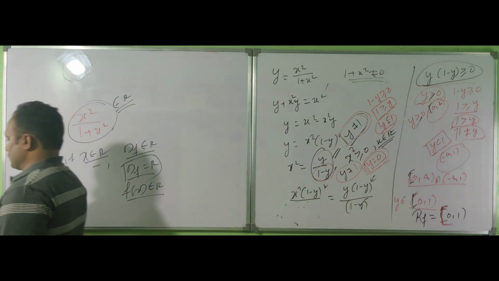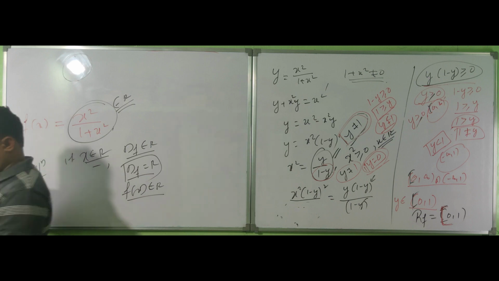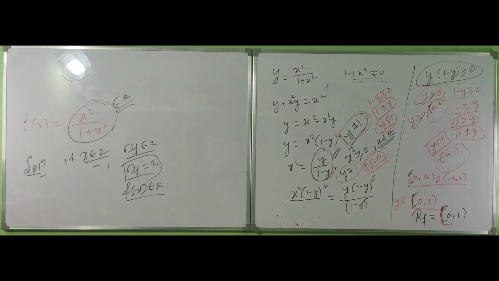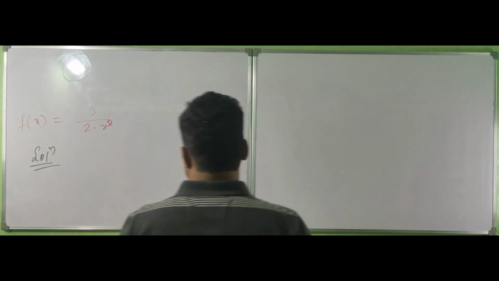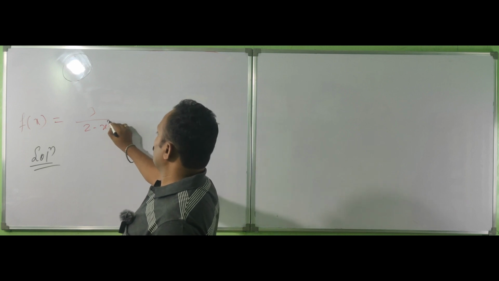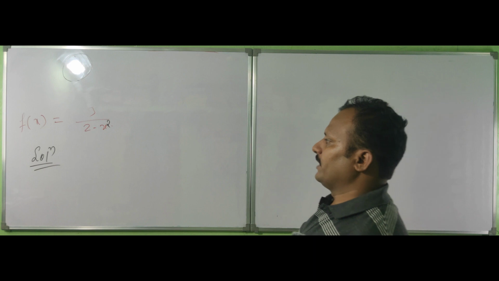Next example. Next question: f of x is equal to 3 divided by 2 minus x square. Find the domain and range.